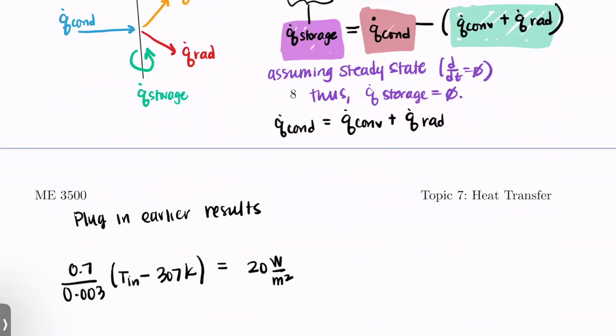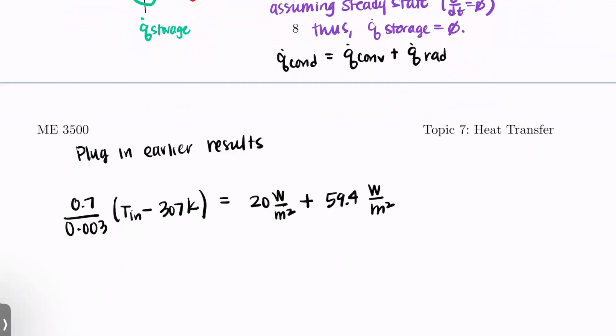This is our convection value, plus 59.4 watts per meter squared. This is our value from radiation. All right, and then we're just going to solve this thing for T in, and we get 307.8 Kelvin.